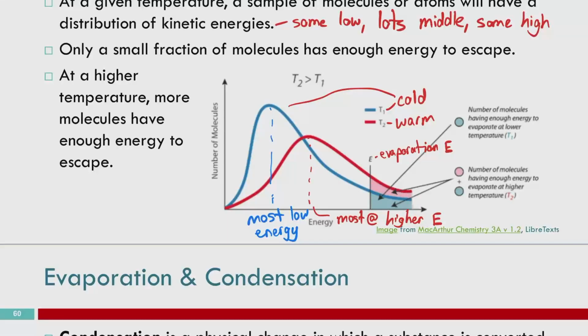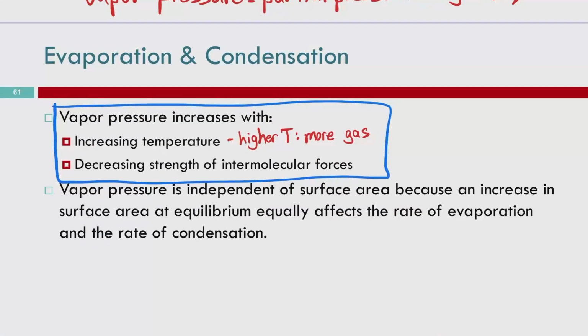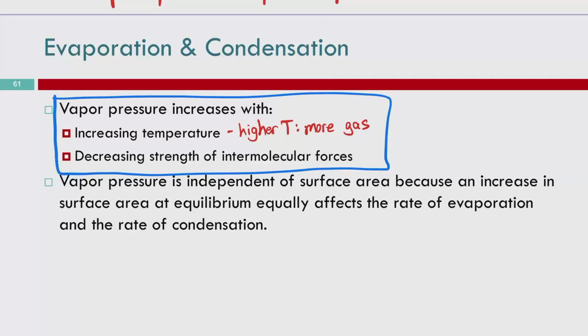And if we increase the number of moles, that's going to increase the pressure. So if we move to a higher temperature, we're going to get more gas. And decreasing strength of intermolecular forces will also increase the vapor pressure because it's easier for those molecules to leave and turn into a gas.